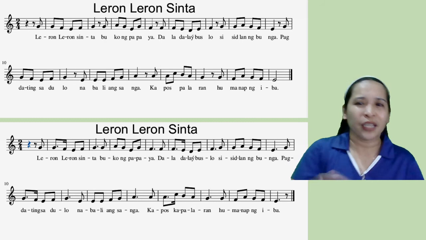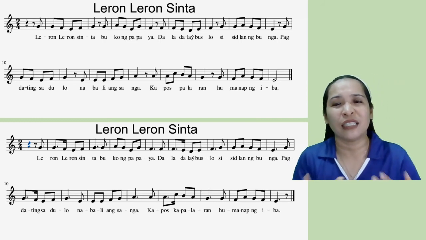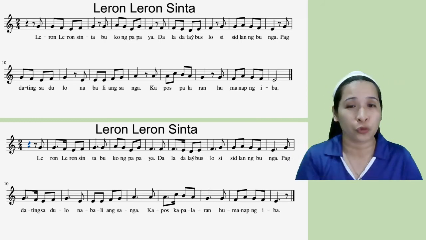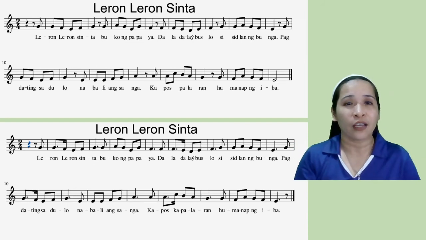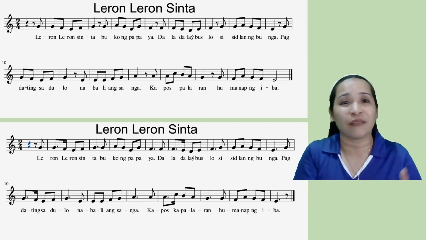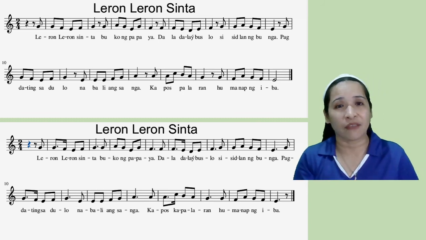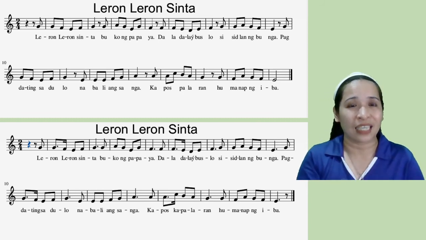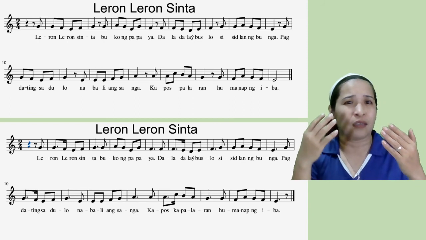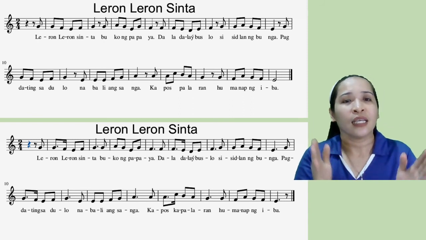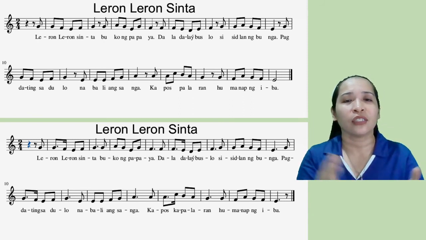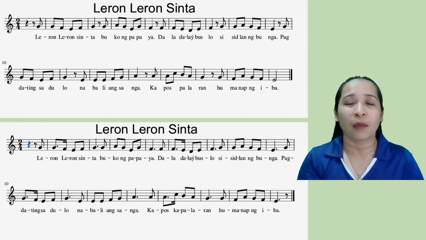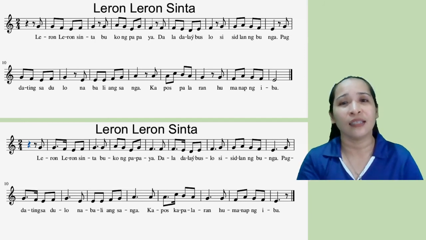Okay. So there is no difference in the tune of these two arrangements because they have the same placement in the staff, but there's a difference in the counting. Like in the upper arrangement: Leron, leron sinta, buko ng papaya, dala-dalay buslo, sisidla ng bunga.